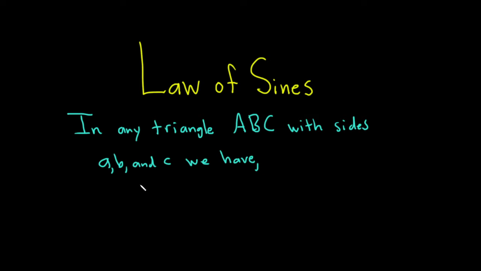and it's actually really easy to memorize. It says that we have little a divided by the sine of big A, and that's equal to little b divided by the sine of big B, and that's equal to little c divided by the sine of big C. You can actually rewrite this another way.